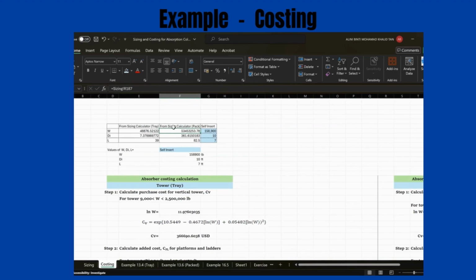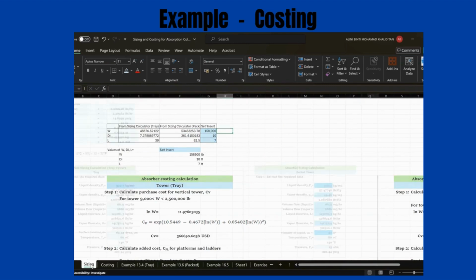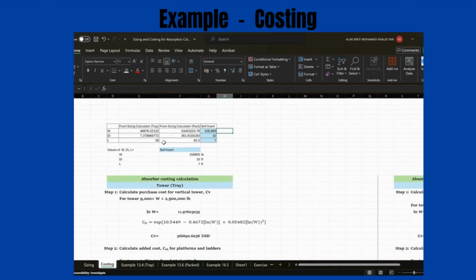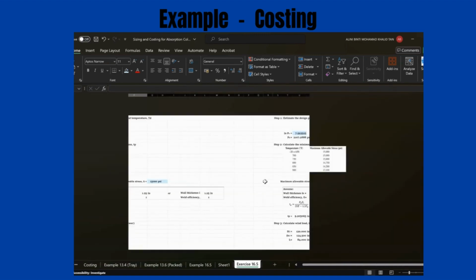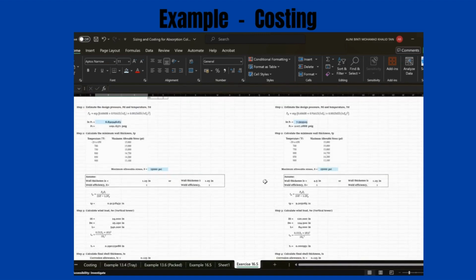After having all this information, you can insert the values. The costing calculator is connected to the sizing calculator, as you can see here. These are all information from the sizing calculator. Since we are going to do a self-insert, we choose the self-insert option. To make it easier to explain, I have put the calculator within the exercise page itself.